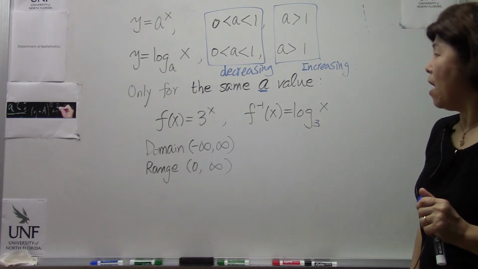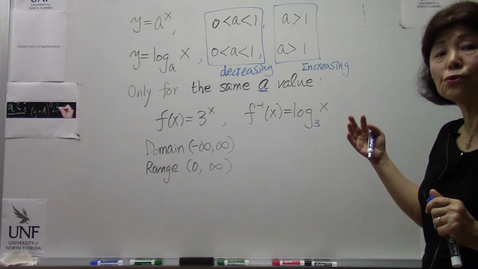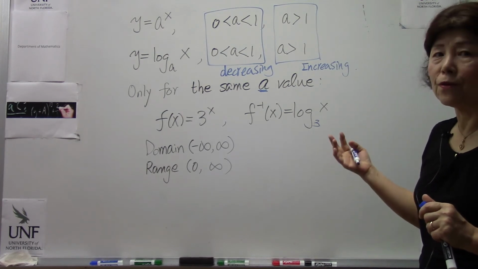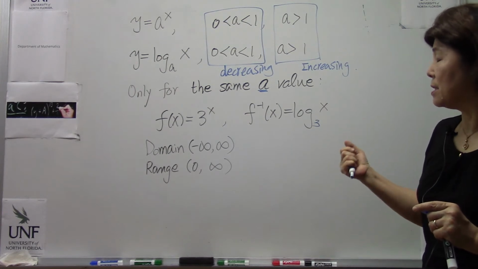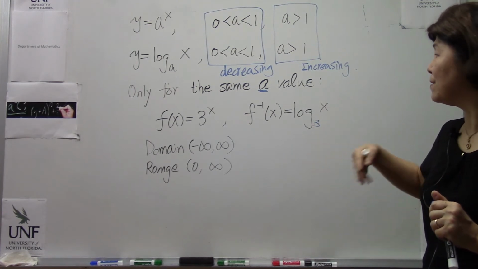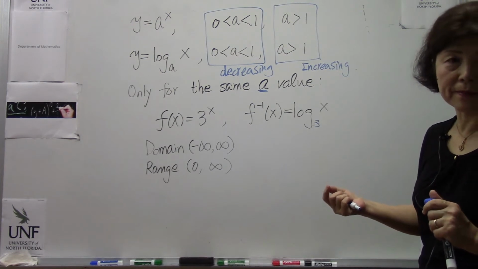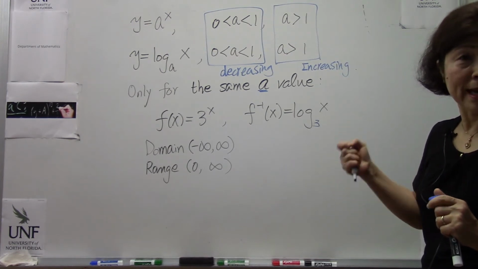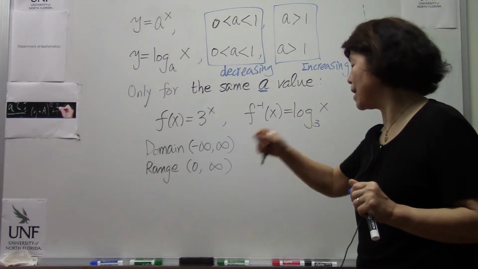Another thing you must remember is, when you solve an equation and some x value turns out to be, say, x equals negative 10, are we going to accept it as a solution or not? It depends on this domain and range stuff.